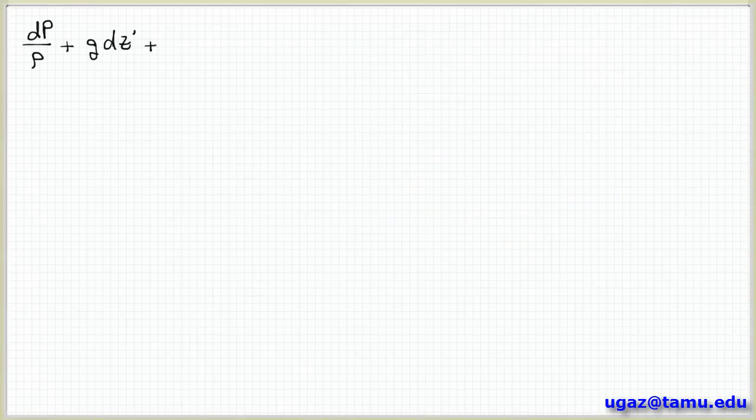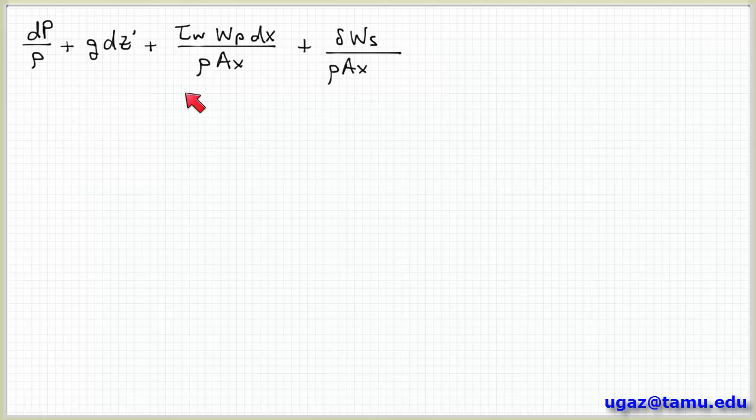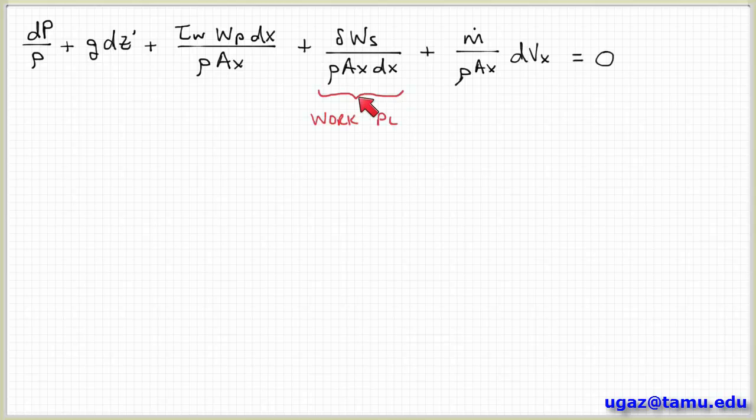So we get dp over rho plus g dz prime plus tau wall times the wetted perimeter times dx over rho Ax, plus this shaft work term divided by rho Ax dx, plus m dot over rho Ax times dvx equals 0.